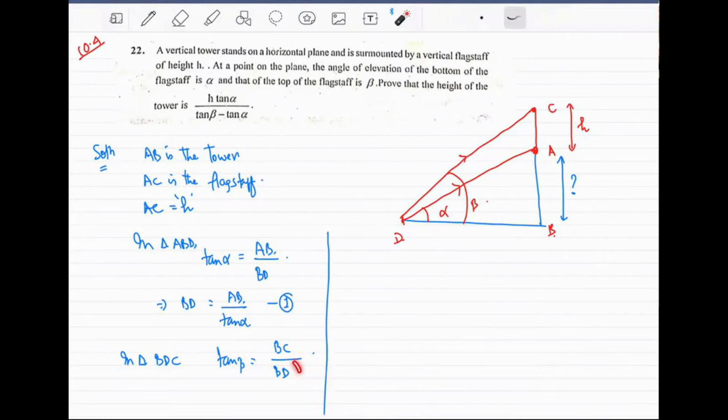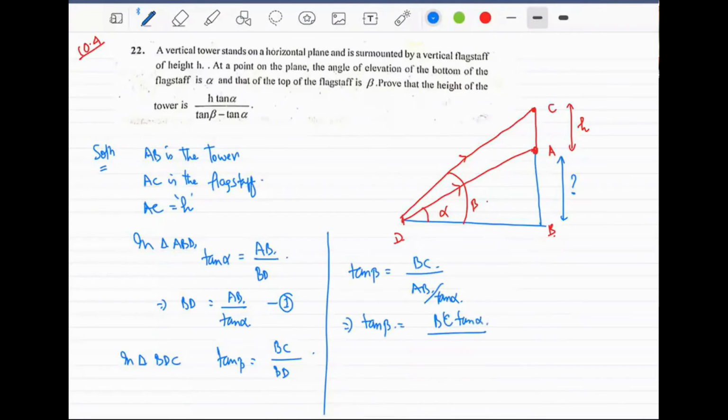Just put in the value of BD. BD is AB by tan alpha, right? So tan beta is equal to BC by, instead of BD, we are going to put AB by tan alpha. Tan alpha goes above, so we will have tan beta is equal to BC tan alpha divided by AB.